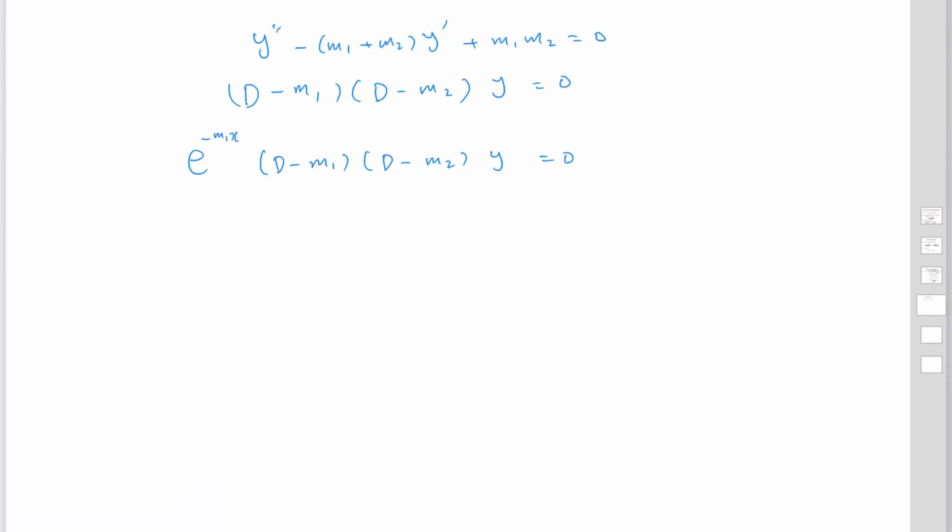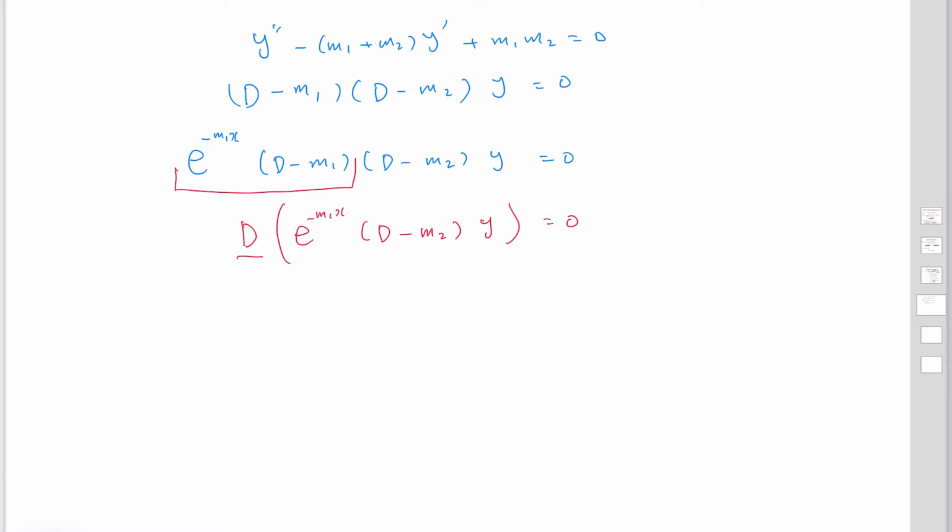We can consider this. As I explained, e^(minus m1 x) times (D minus m1) is expressed as D of e^(minus m1 x). So we have D[e^(minus m1 x)] (D minus m2) y equals 0.